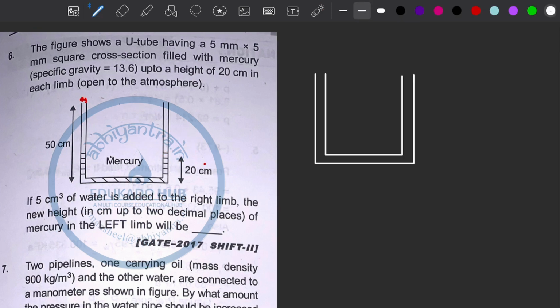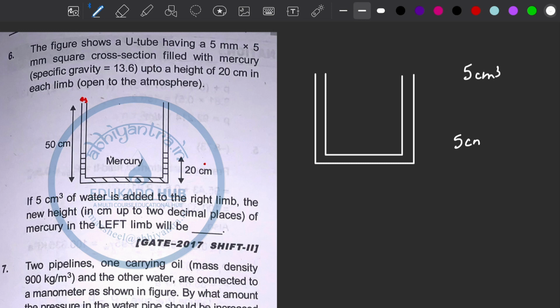The volume of water is given, which is 5 centimeter cube of water added. Previously it was mercury 20 centimeter here, 20 centimeter here. After adding 5 centimeter cube of water, can we calculate the height of the water column? Yes, because the area is given.